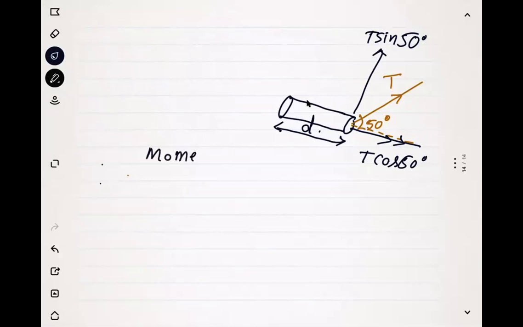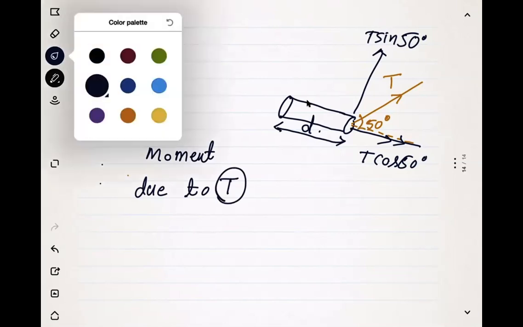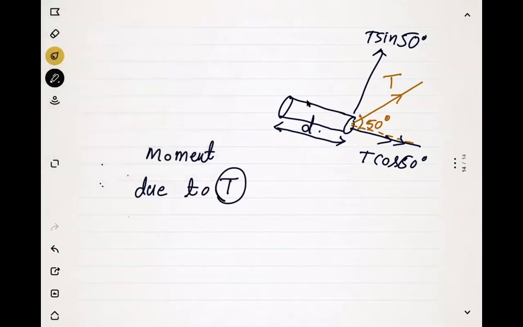So the moment due to T, if you want to calculate that, then T must be resolved. If we resolve T into its components, the two components are T cos 50 and T sine 50 if the angle is 50 degrees. Yet T cos 50, which is along the distance, is to be ignored. The one that is perpendicular is to be taken.